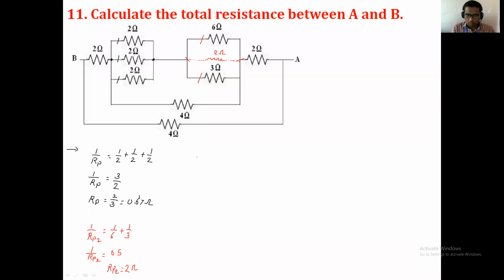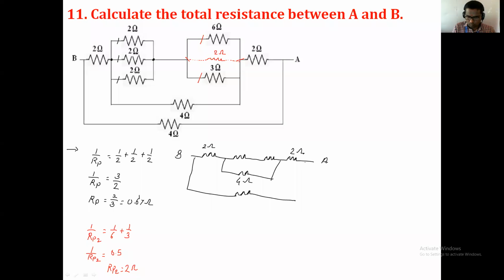So now my circuit diagram becomes: this is 2 ohm, this is 2 ohm, this is 4 ohm, and once again this is 4 ohm.